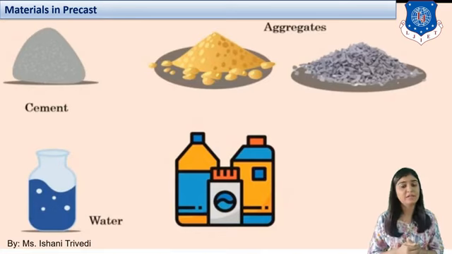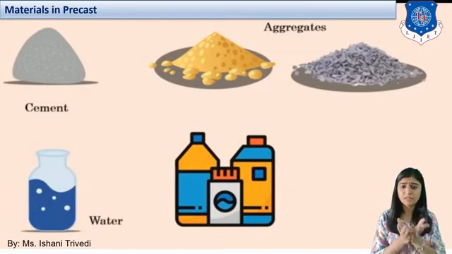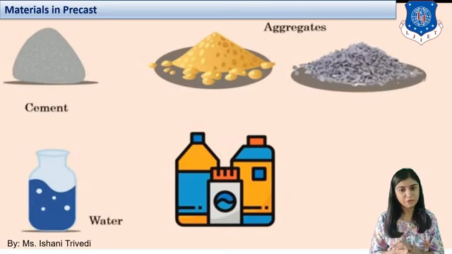Why are they required? We are going to study the same in today's session: what are the various materials used for precast concrete construction and why these materials are required. We know the functions of each and every element flashing over here right now. Cement is a binding agent. Aggregate means sand is the fine aggregate, then we have the coarse aggregate.